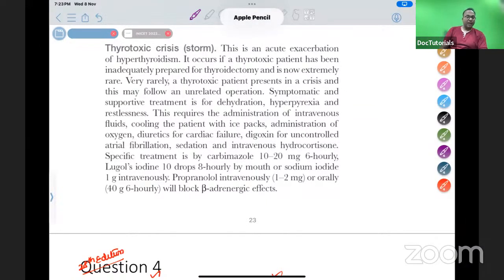So please remember, what are the drugs that will not be used? Some issue, just the pen is not working. Once again.